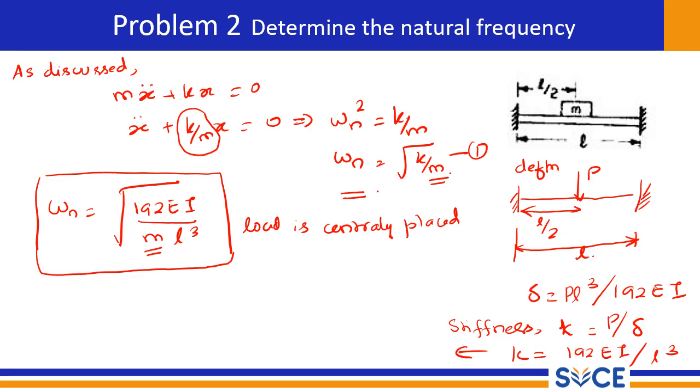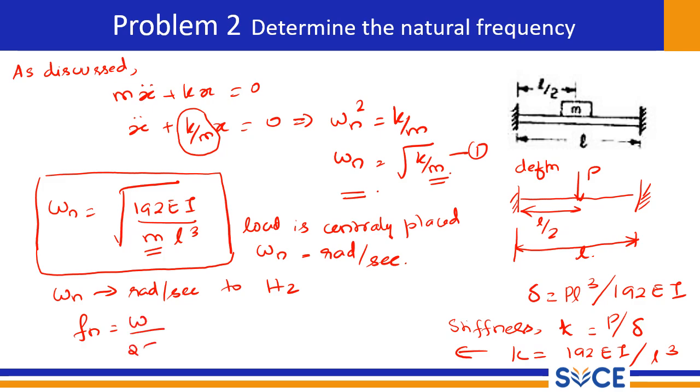What is the unit for omega n? It is radians per second. We can convert natural frequency omega n from radians per second to hertz. The formula is f equal to omega by 2 pi.